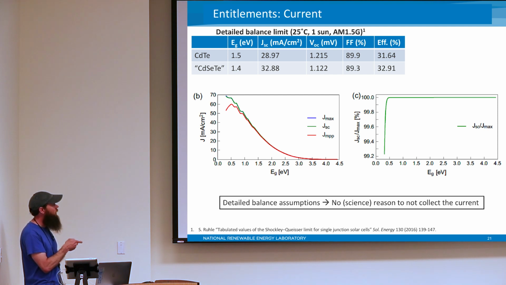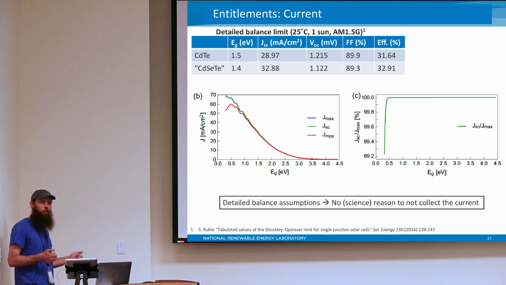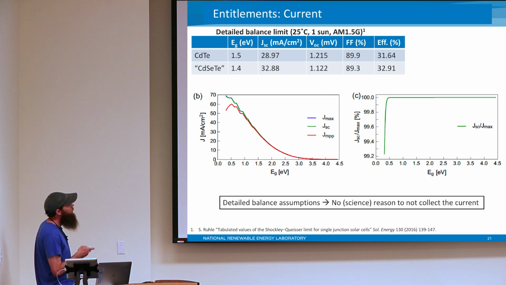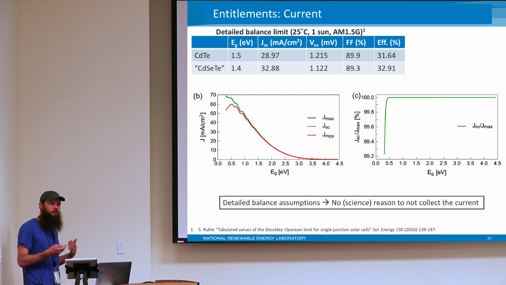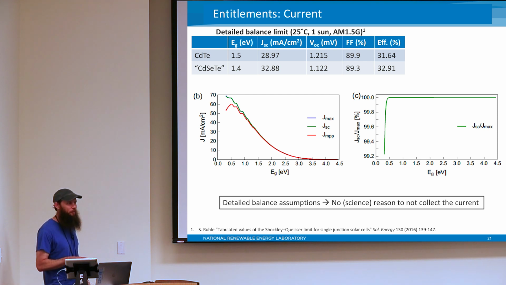You pick 1.5 eV, you throw away about half of your photons, and that works out pretty well. And then there's not actually a good scientific reason why you shouldn't be getting almost all of your current out in the detailed balance assumptions. There's practical reasons why you might not be able to, but scientifically, you should be getting just about everything out, right?